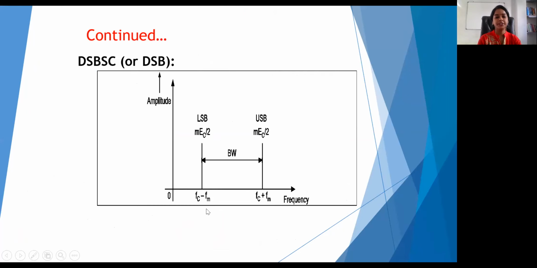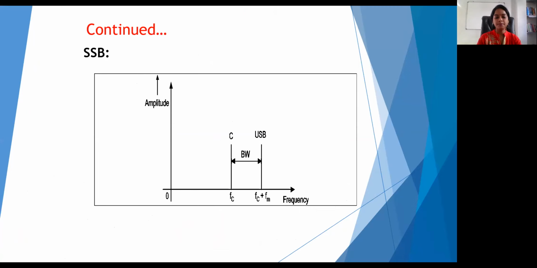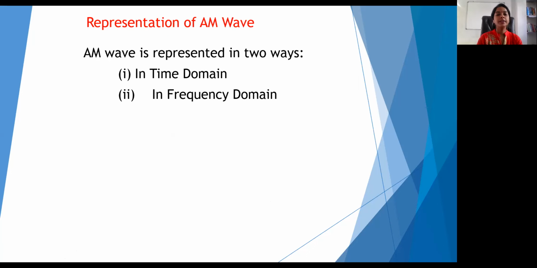So we were here, lower sideband and upper sideband, which can be represented as fc minus fm and fc plus fm, the same thing is there. फॉर्मूला वही रहेगा. आप सिंगल साइड बैंड देखो, they were double sideband, and now if you have a single sideband कि एक ही साइड बैंड है तो क्या रहेगा, you have the carrier frequency and the upper sideband frequency, that is fc plus fm, only a single sideband is there.